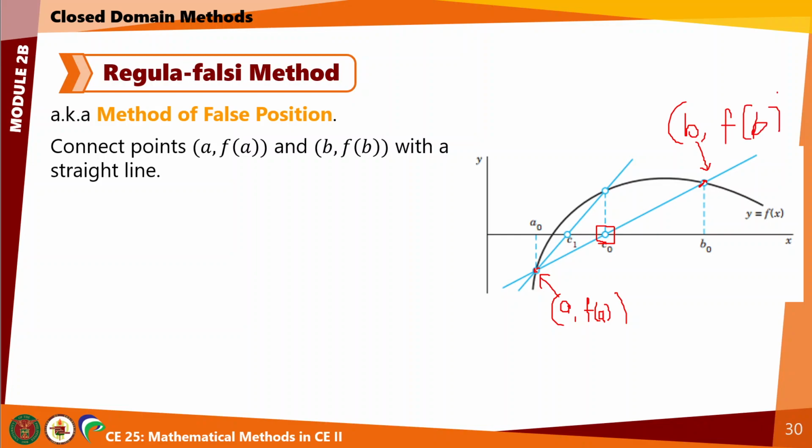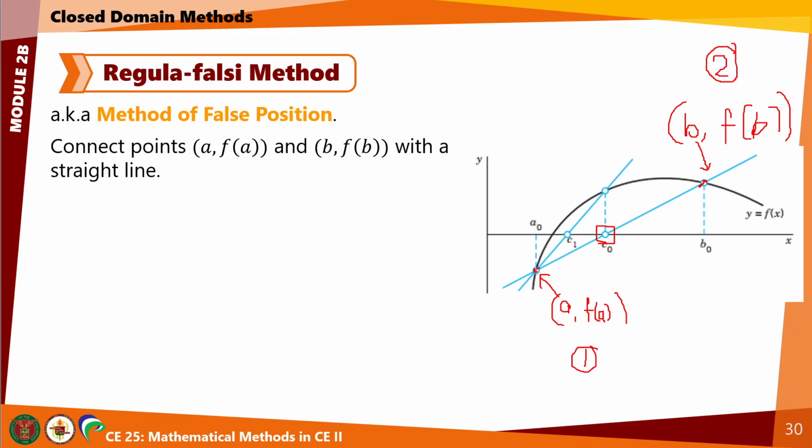Okay, so yung dalawa, kukunin natin ang equation of the line using the two-point equation. Okay, kung naalala mo, ang form niya is y minus y sub 1 is equal to y sub 2 minus y sub 1 over x sub 2 minus x sub 1 times the quantity of x minus x sub 1. Okay, gawin lang natin yan dito. Sabihin natin this is point 1 and this is point 2.